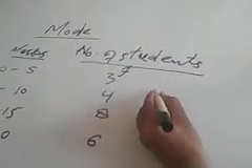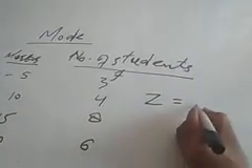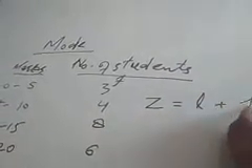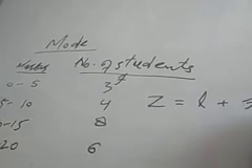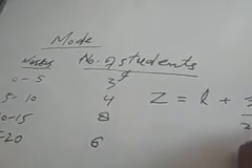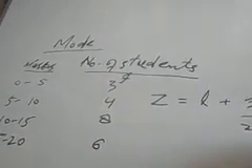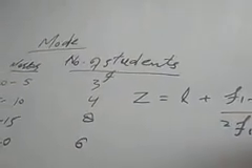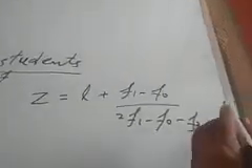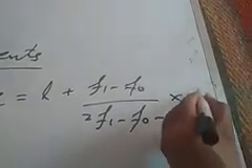Here the formula for mode z is equal to L plus f1 minus f0 divided by twice f1 minus f0 minus f2, into h.